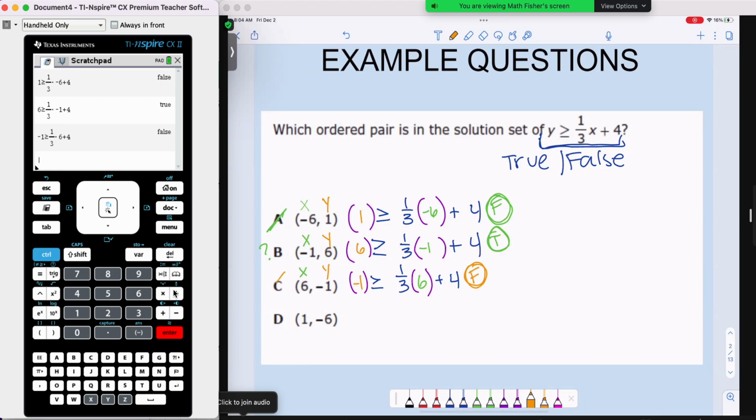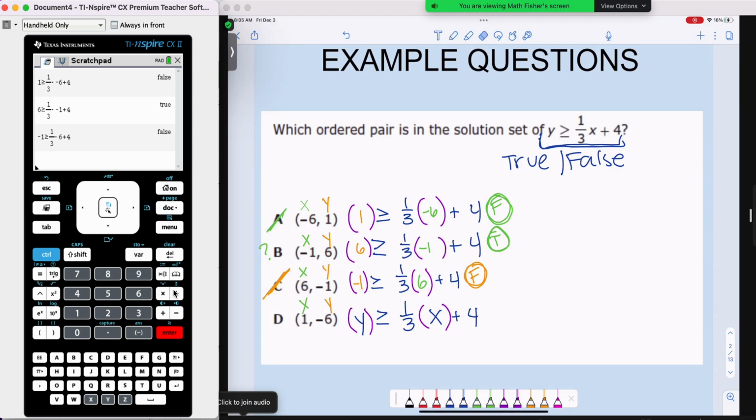So now we're going to try D, the last one. y greater than or equal to 1 over 3x plus 4. Put your parentheses. Oh, I missed a step. I have y and then I have x. Sorry, y'all.